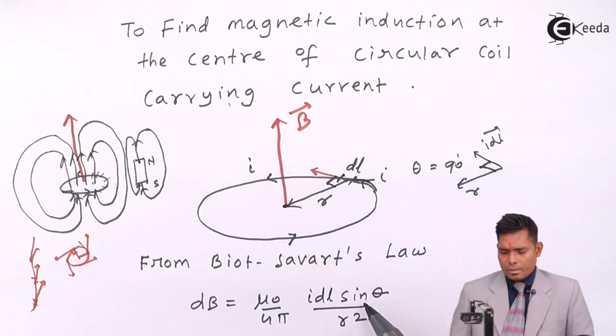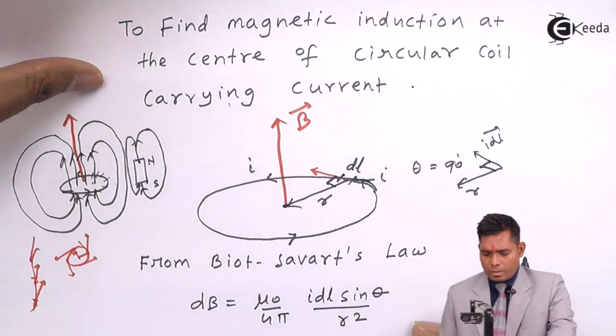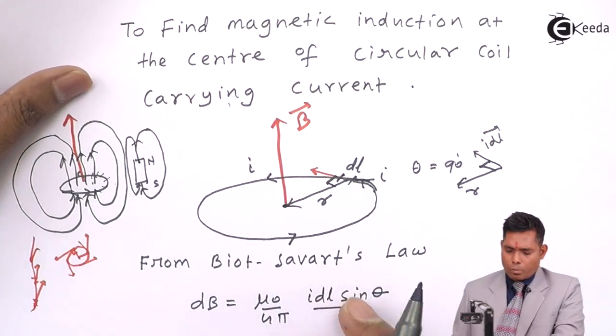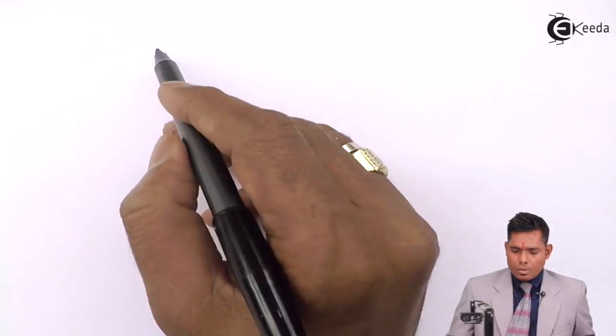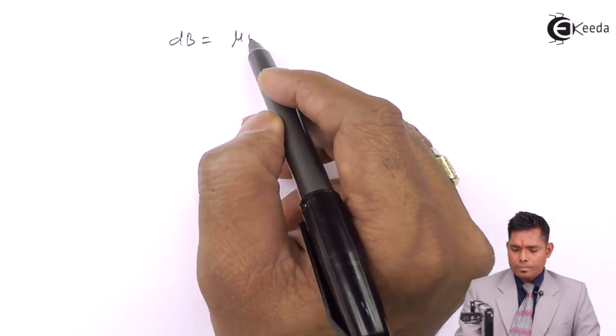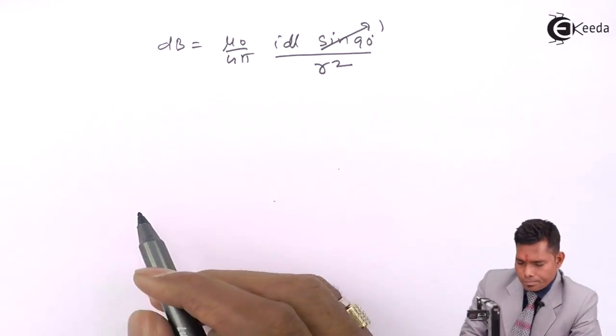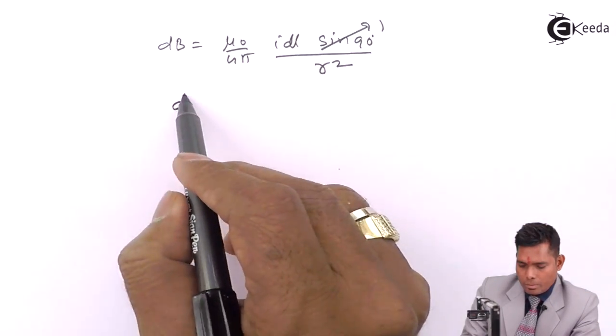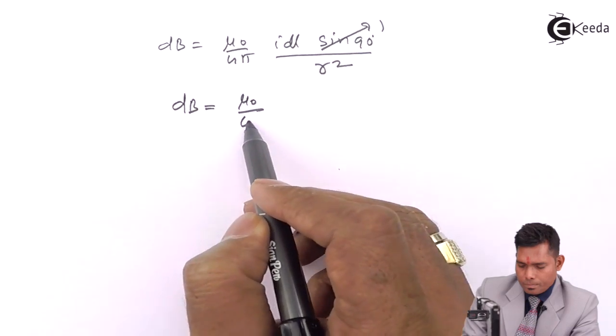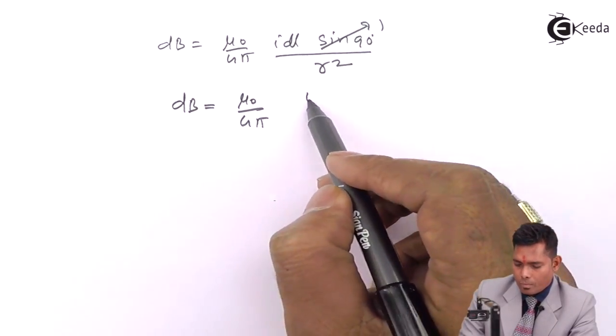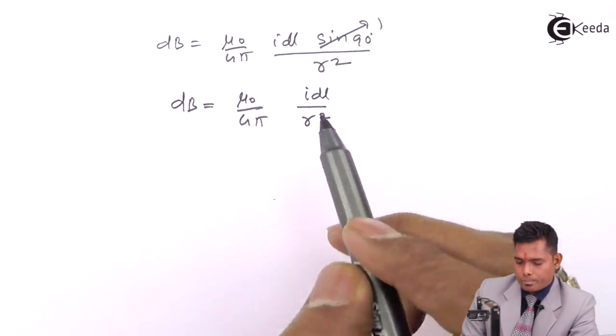If that is 90 degrees, then sin theta will become 1. So dB becomes mu 0 upon 4 pi, Idl upon r square.